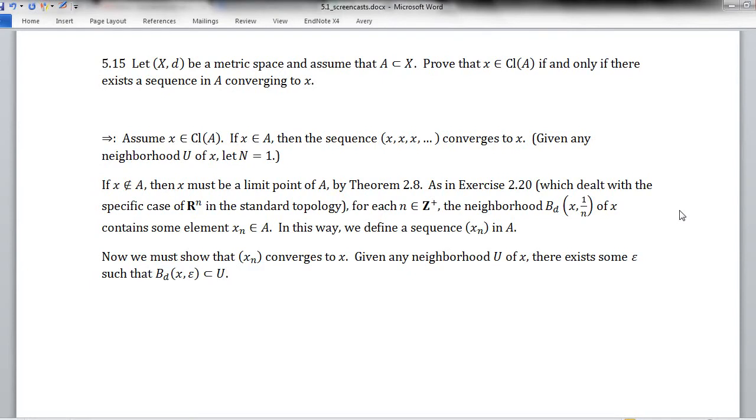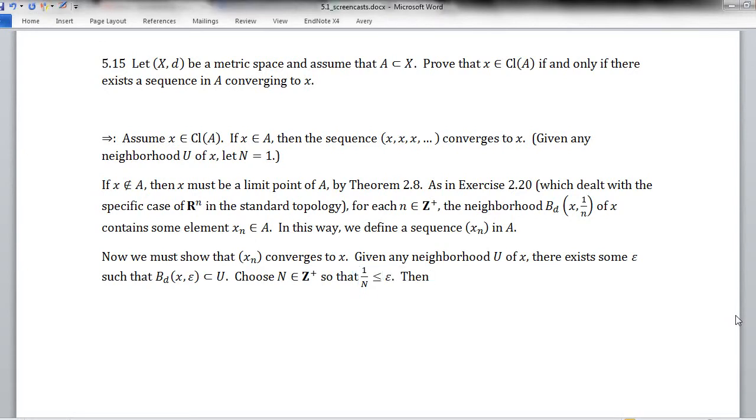Well, now, if I just make sure that 1 over n is smaller than epsilon, then I actually have one of these neighborhoods up here contained in this open ball and therefore contained in U. So let's choose a capital N to be a positive integer so that 1 divided by N is less than or equal to epsilon.